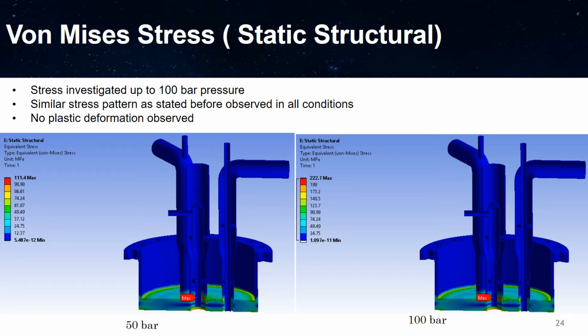If you look into 50 bar and 100 bar conditions, you can see the stresses pertain in a similar fashion, but the maximum we've seen is around 222 megapascal of stress on a stress concentration zone, where the median is about 130 megapascal. That is really low compared to the yielding stress of 980 megapascal of Inconel 718.